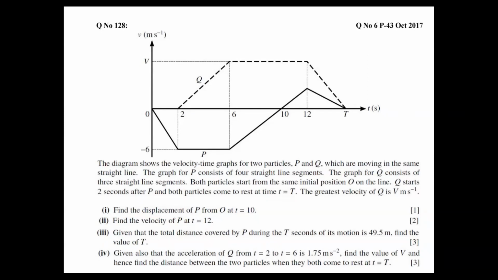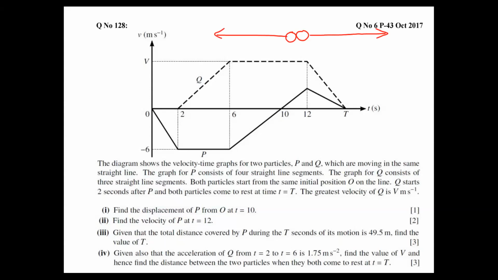But you can see that both particles start from the same point O on the line, okay? It means that both particles start from O. One particle goes to the right side and one particle goes to the left side. You can ask me, sir, how do you know? What is the logic behind it?